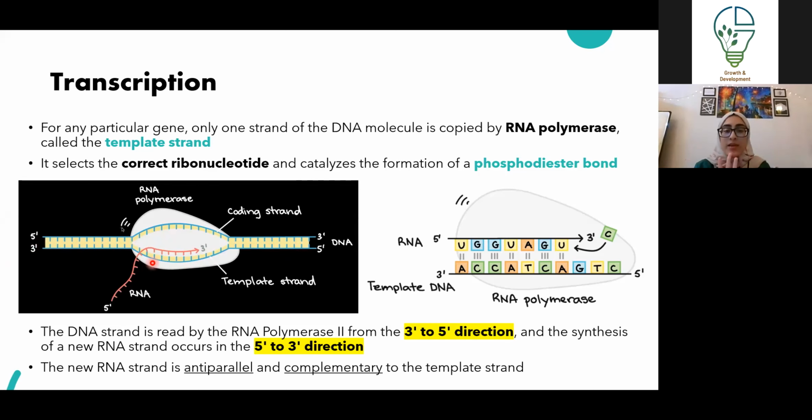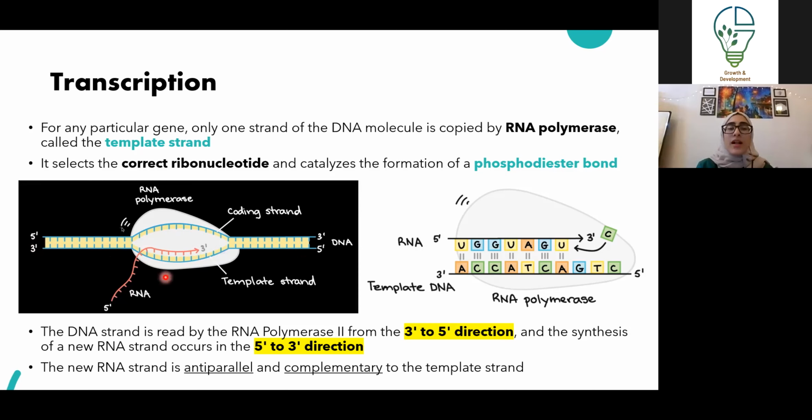This is a point where a lot of people get confused, so I want to make sure that everyone is good with this before we move on. Look at the bottom strand here, okay? This is the 3' end of your template strand, right? 3' end. And this is the 5' end.